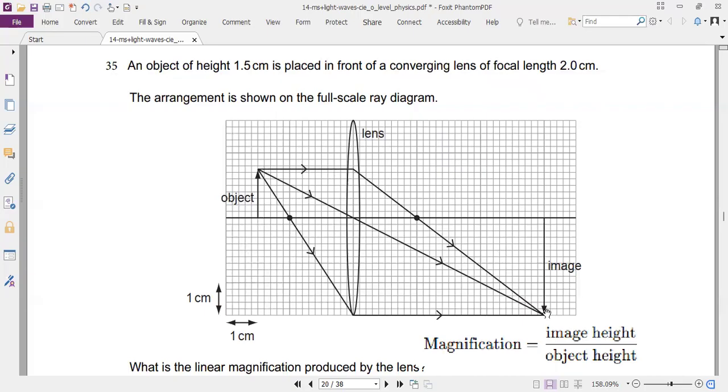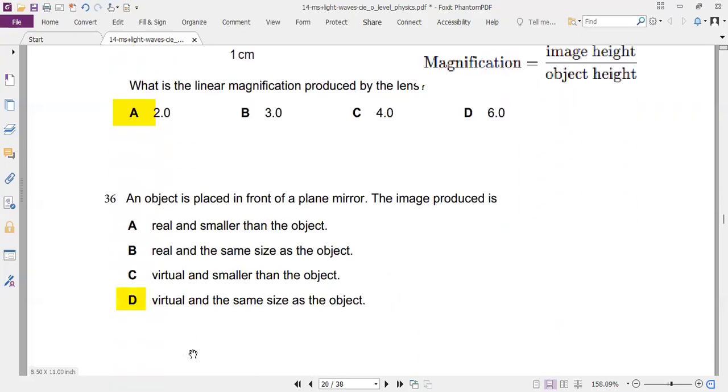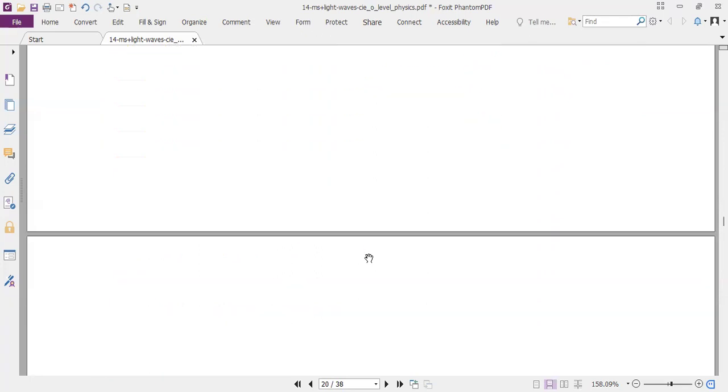Then calculate the number of boxes here, or use a scale, and put the values in this formula. The answer should be 2. A plane mirror always produces a virtual image, the same size as the object.